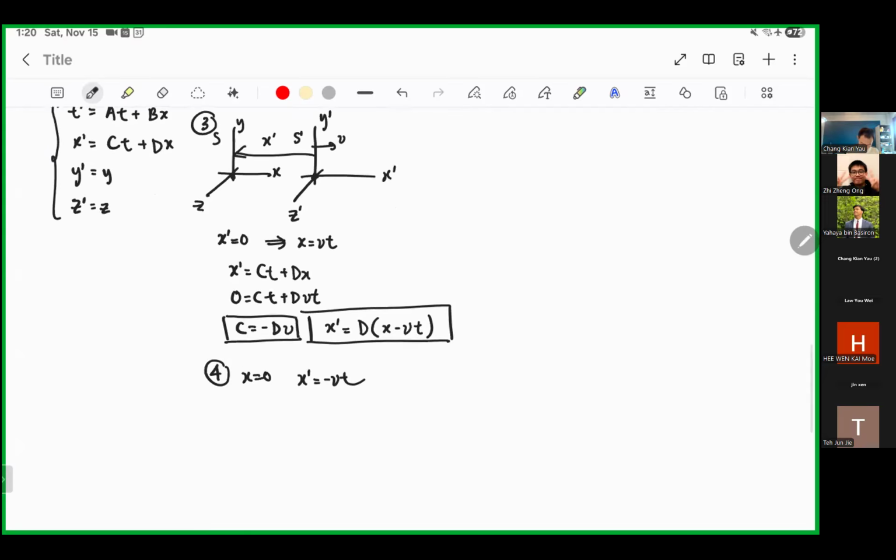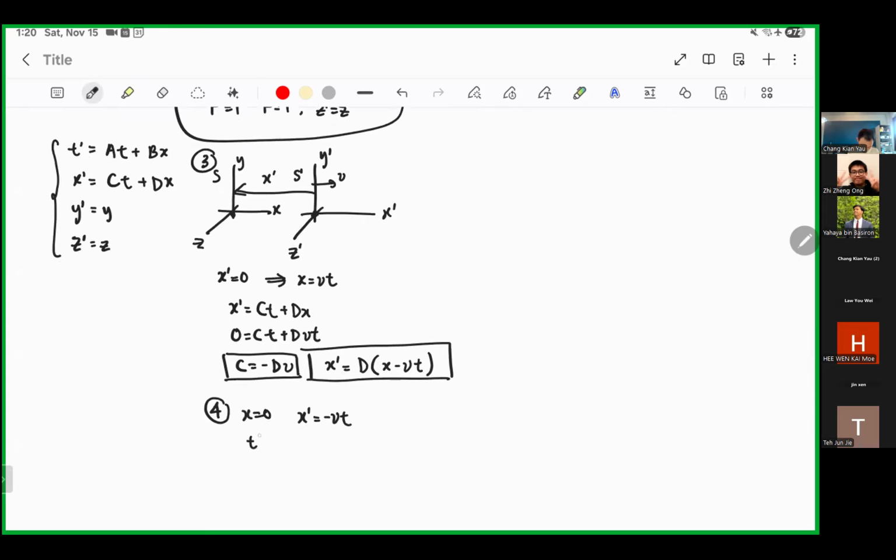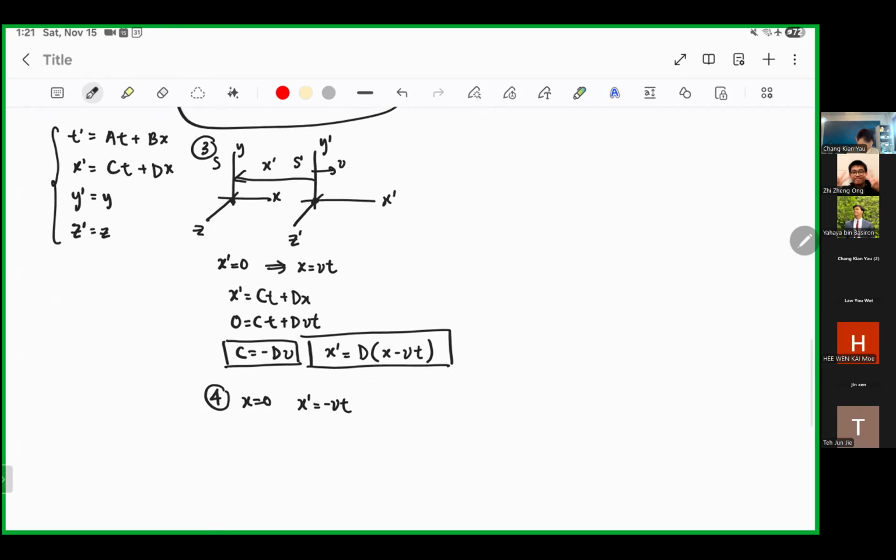And so let's use this to simplify our equation further. We can plug this into, I believe, this. No, not this. I'm going to try this because I see t and x prime here.